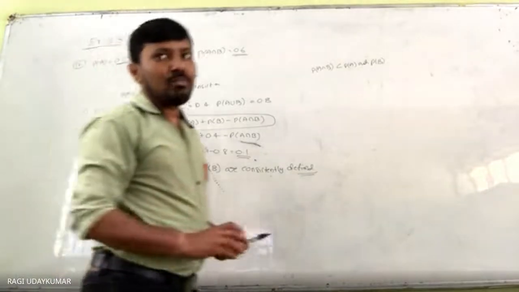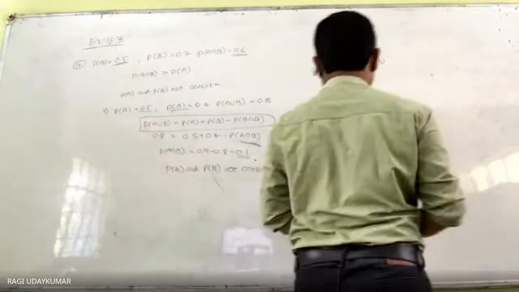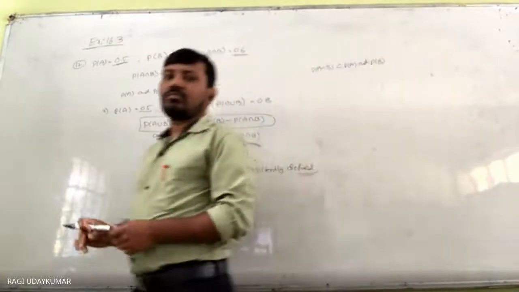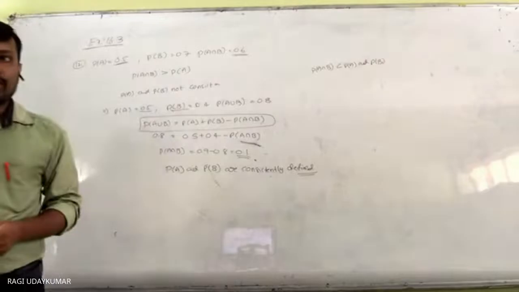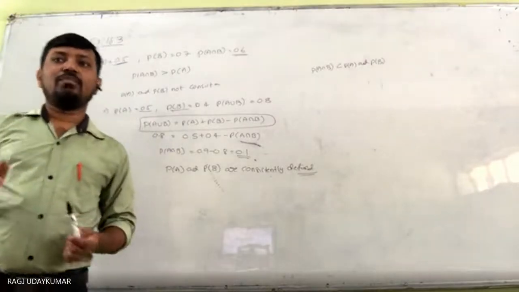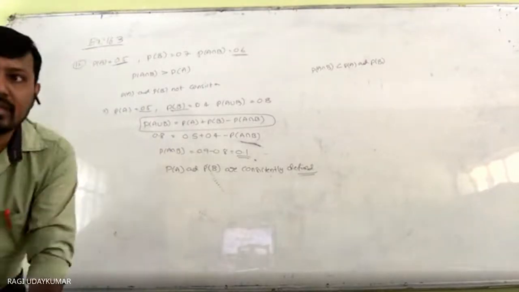When do we say A and B are mutually exclusive events? A and B are mutually exclusive events.